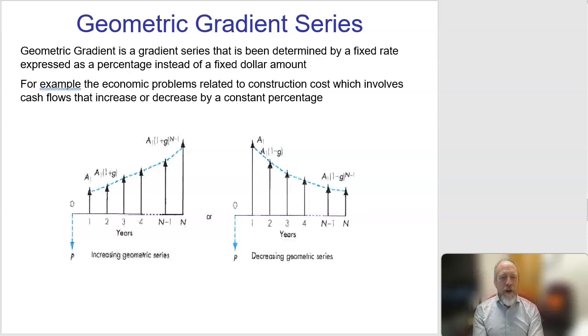One of the things that is a geometric gradient that you deal with all the time is cost of living. A cost of living adjustment is usually a percentage. Cost of living goes up by a fixed percentage each individual period. That is now a geometric series. So now we have another one called a geometric gradient.